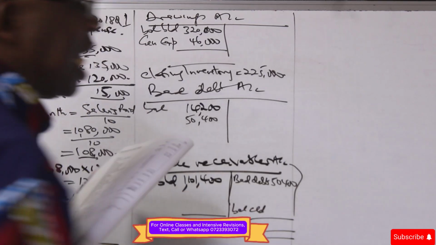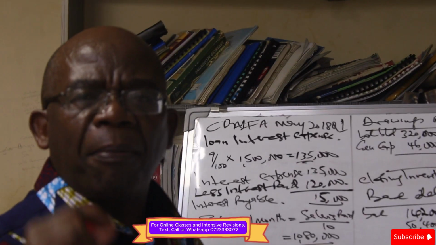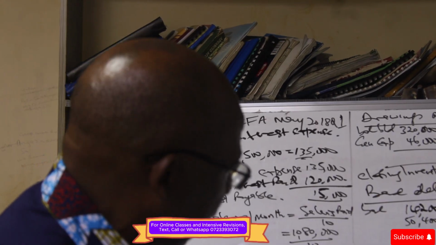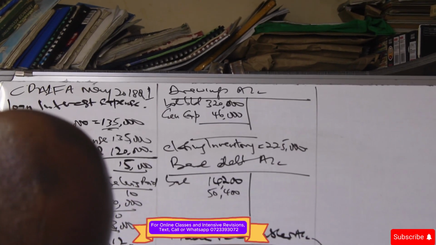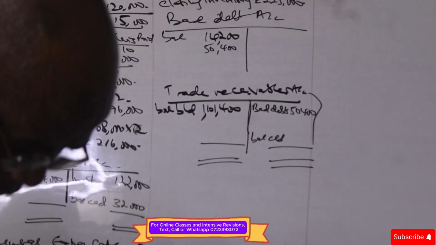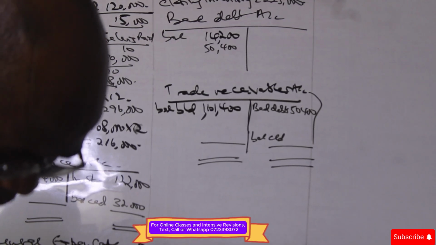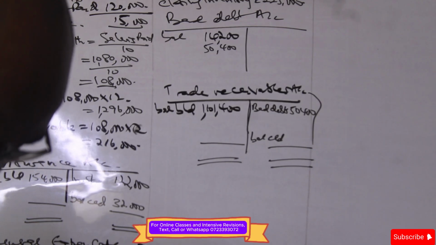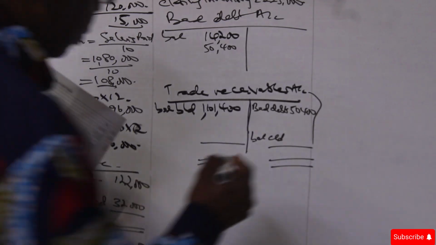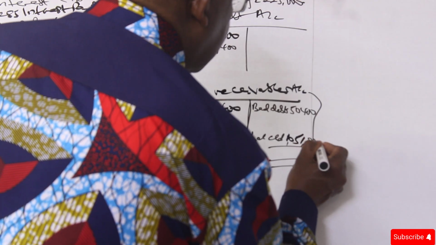You must realize that we provide for doubtful debts after we have deducted all bad debts. So 1,101,400 minus 5,400, we get a figure of 1,051 thousands.